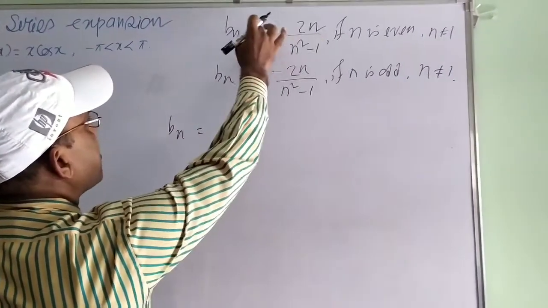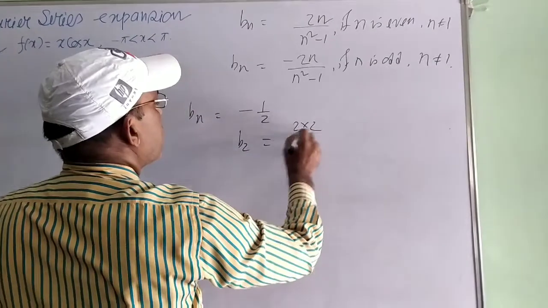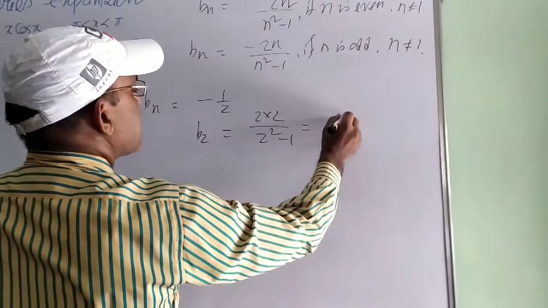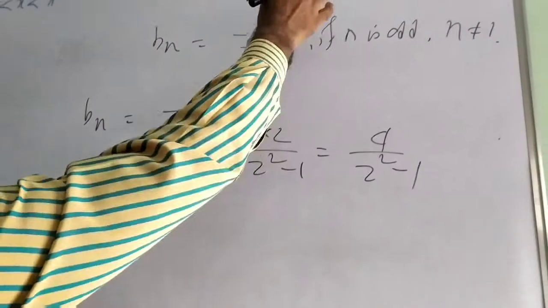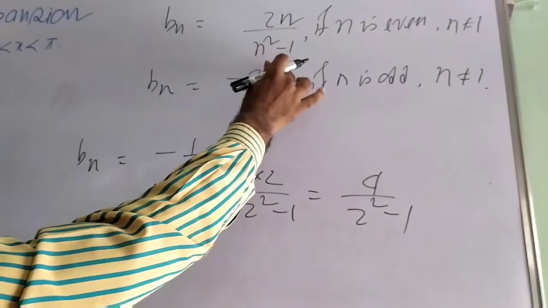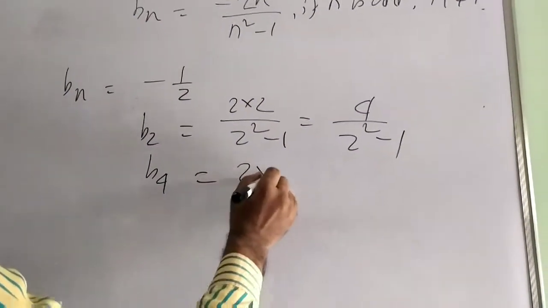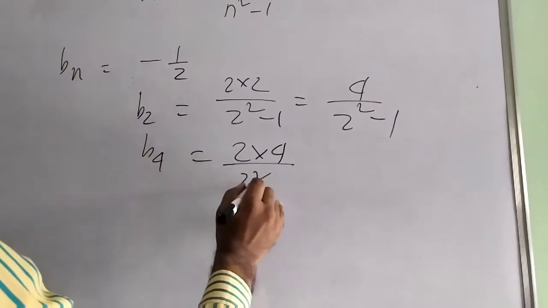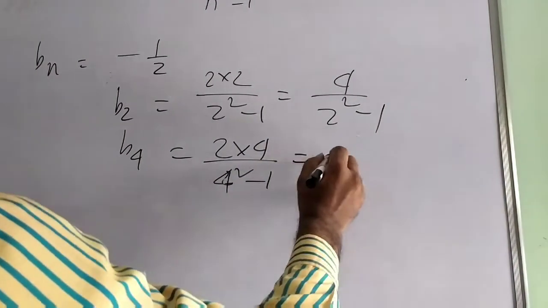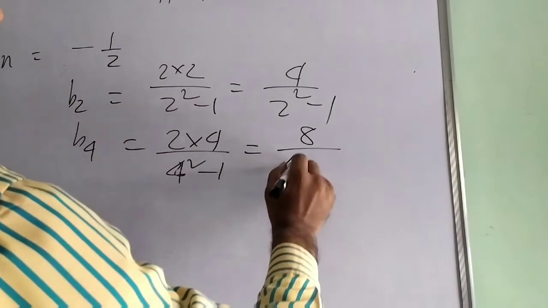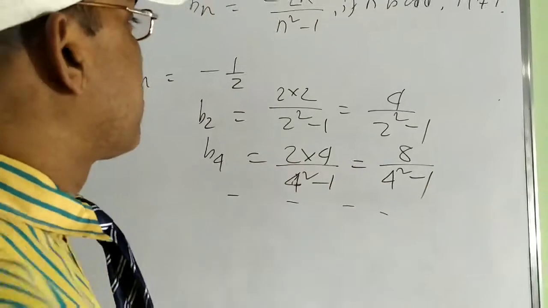First putting even values, B2 is 2 into 2 by 2 square minus 1, this is 4 by 2 square minus 1. Again putting 4, B4 is 2 into 4 by 4 square minus 1, this is 8 by 4 square minus 1.